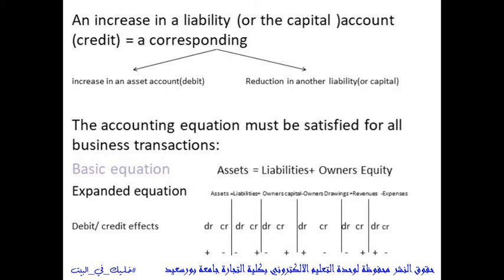If the owner's drawing increases, it will be debit. And if the owner's drawing decreases, it will be credit. If the revenues increase, it will be credit, and when they decrease, it will be debit. When the expenses increase, it will be debit, and when they decrease, it will be credit.